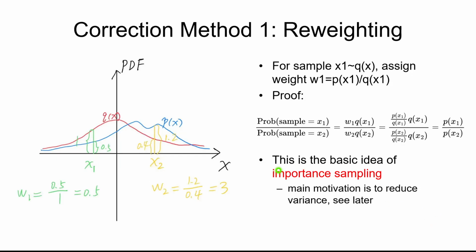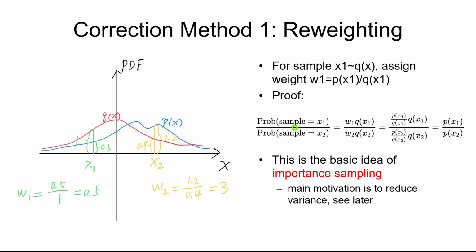Okay, so let's talk about how we want to correct our samples. The first way to correct is to use reweighting. For any sample x1 following the distribution Q of X, we assign a weight equal to P of x1 divided by Q of x1. By doing this, we do the correction such that the weighted sample probability follows the following condition.